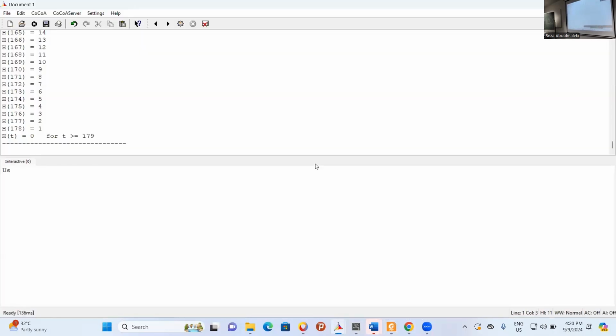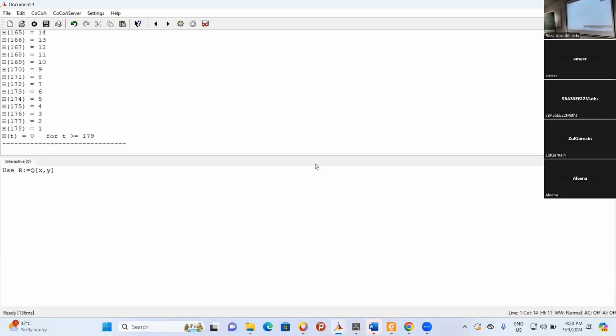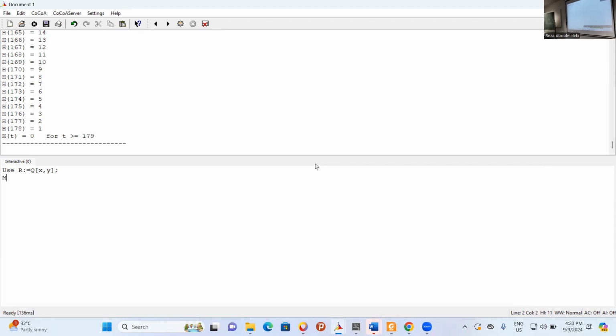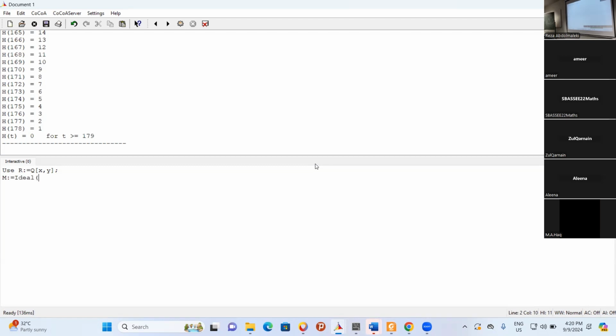Okay, let me write the code for this one using CoCoA. We need to define our local maximal ideal, and I will be ideal.